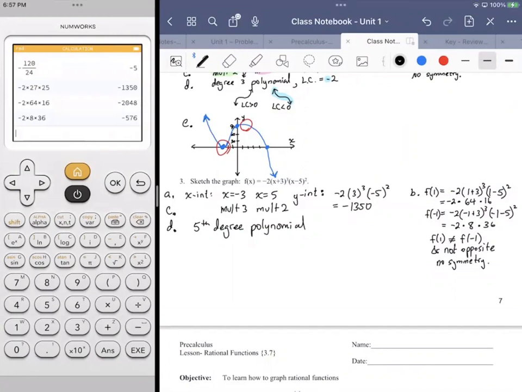So a 5th degree polynomial is going to have a similar end behavior to a 3rd degree or a 7th degree or any odd degree polynomial. It's going to start high and low, or start low and high. Odd powers have the same type of end behavior as each other. If you think about it, off on the side here, I'll make a little box.